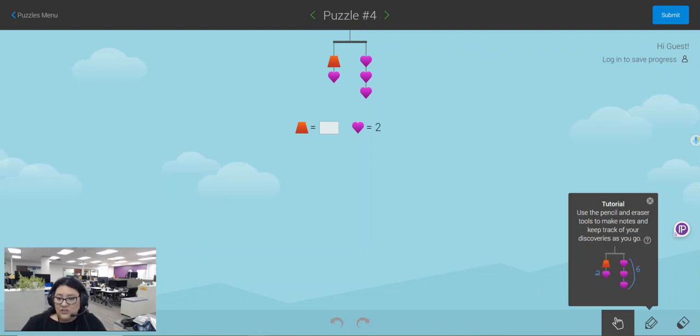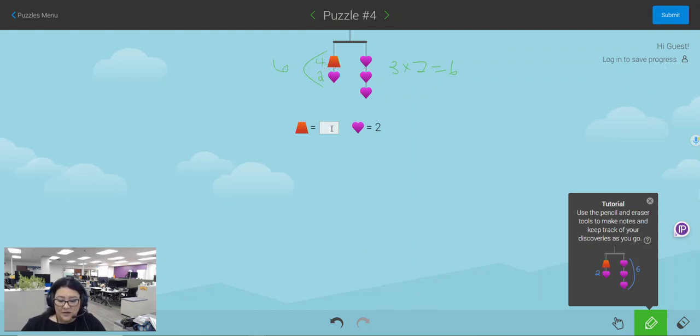So one of the cool features is there is a pen down here. So if I know that these are worth 2, I have 3 of them, so 3 times 2 right here, it's going to give me 6. There we go. And so that means that these two together must equal 6. I already know that this is 2, so this must then be 4.